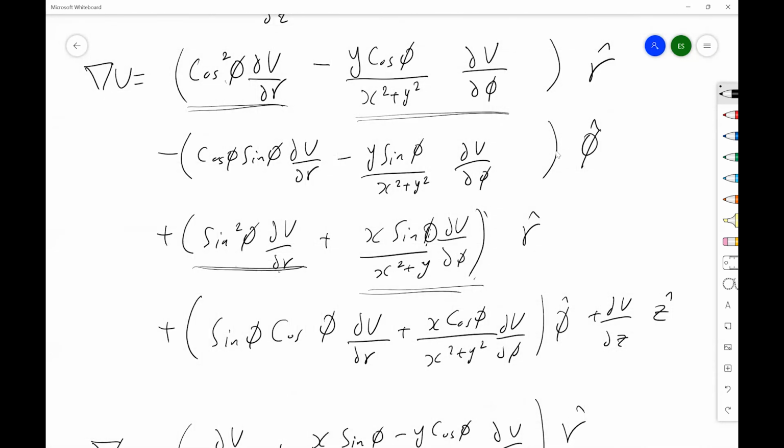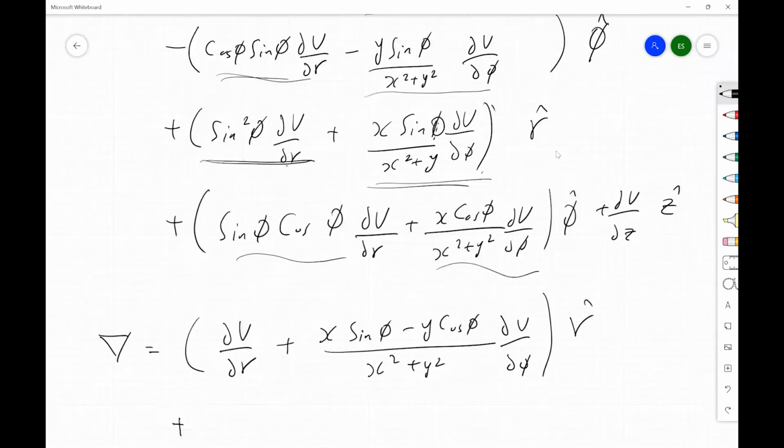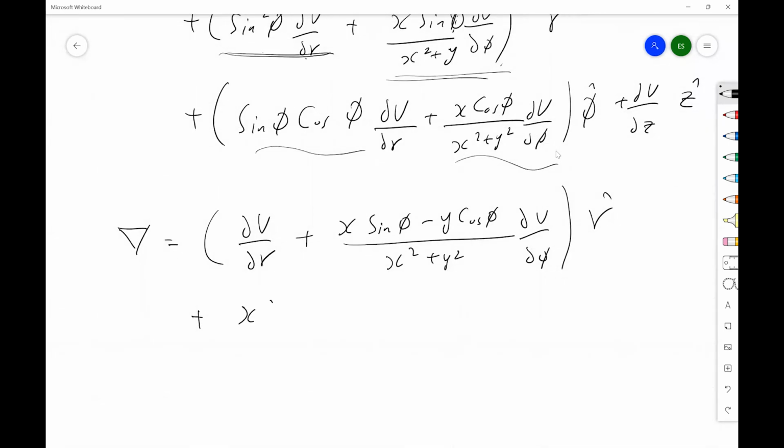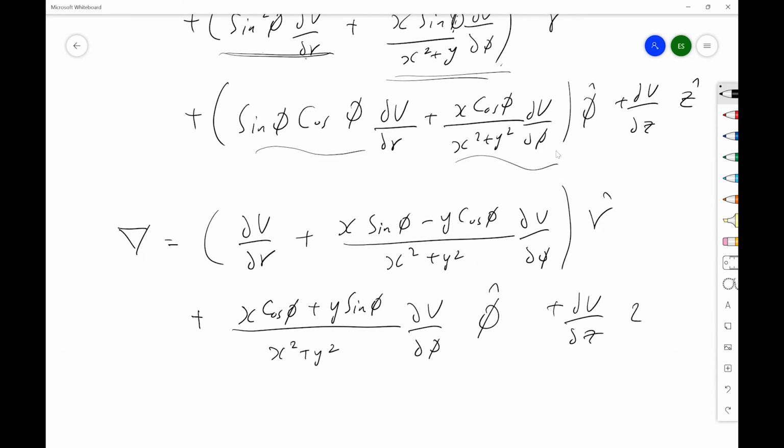This minus plus cancels out, 0, nice. And then this is plus this. So I end up with x cosine phi plus y sine phi over x squared plus y squared du over d phi phi hat plus du over dz z hat.